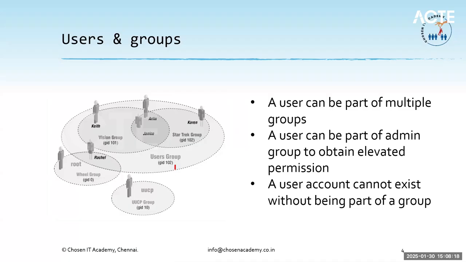Okay. Yeah, so these users and groups can be in different combinations, based on our requirement. So let's look at a sample scenario here. There is a users group at the top. So you have a very big users group.